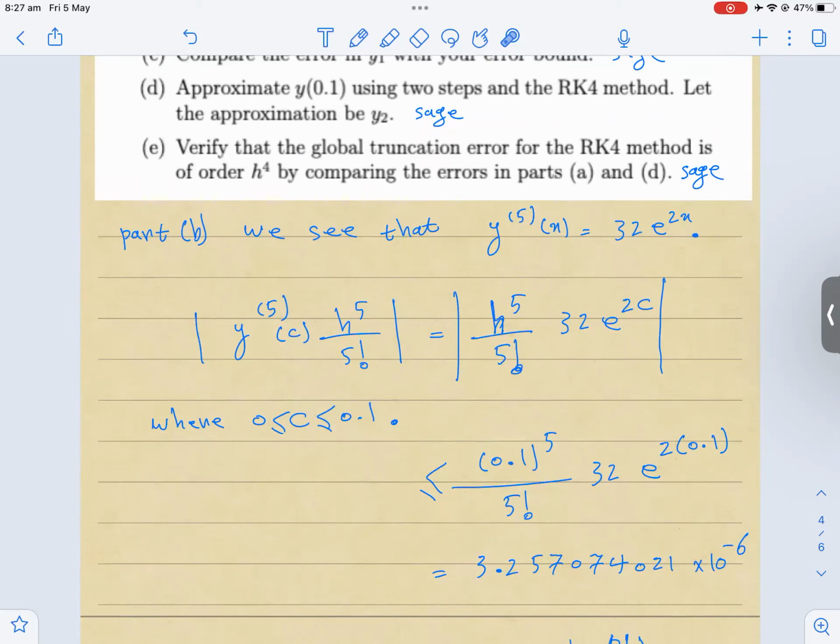All right, let me check something. This should be 32 exponential of 2 times this.